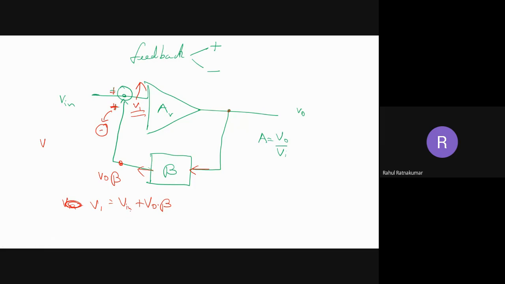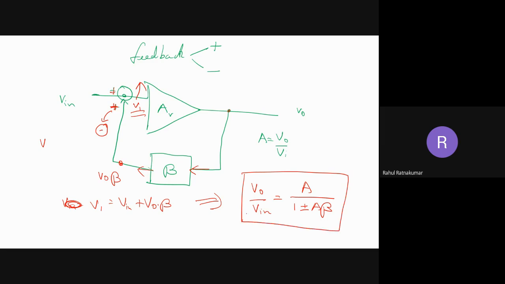Likewise, if we substitute, we get the transfer function of a feedback amplifier: V output divided by V input is nothing but the gain A divided by 1 plus or minus A beta. This is the transfer function of a feedback amplifier, where the plus comes for negative feedback and minus comes for positive feedback.